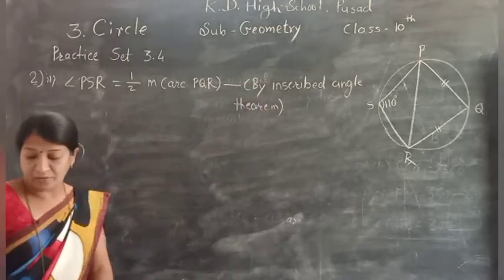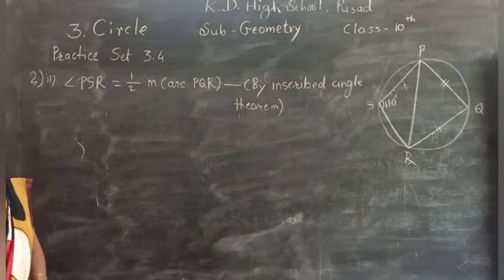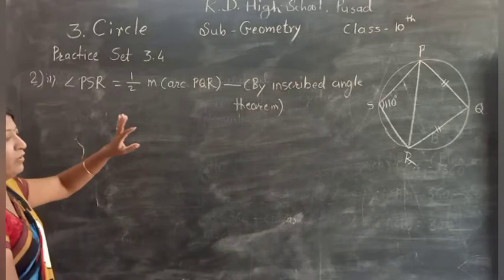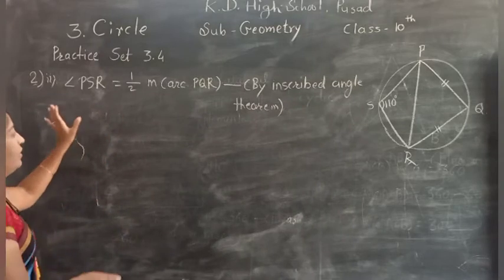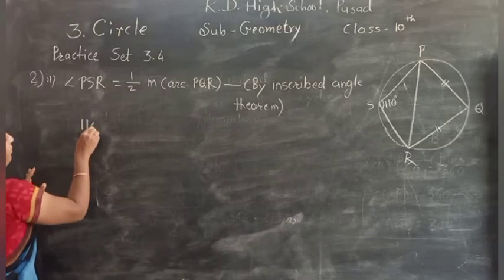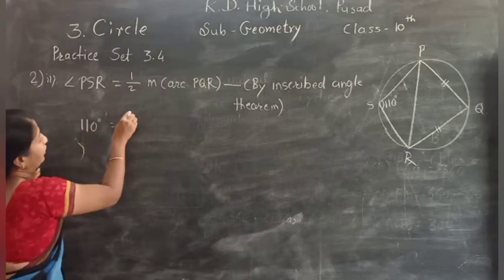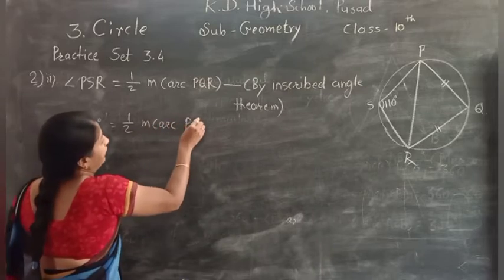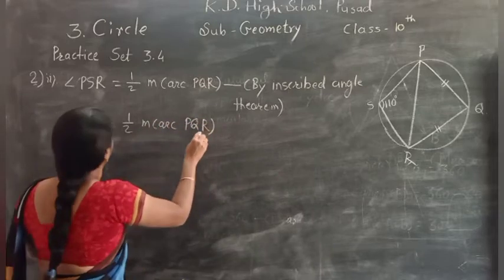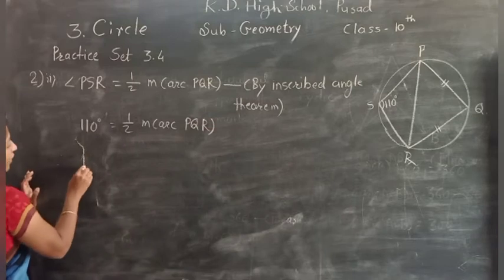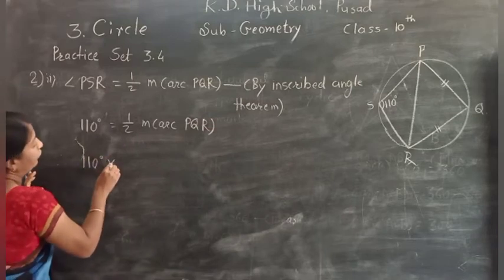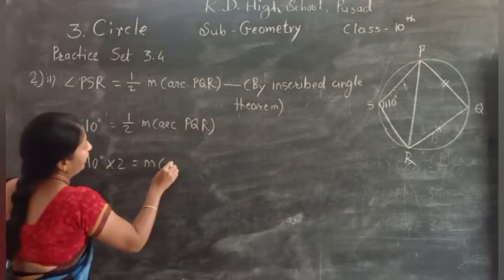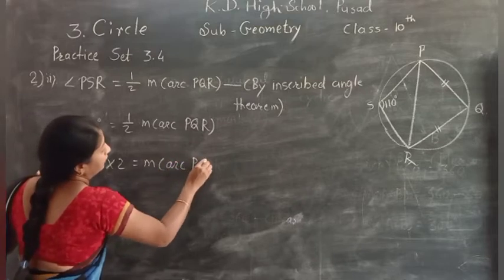Okay, we already found the measure of angle PQR also, but here we need only PSR. It is given 110. Make a substitution: 110 is equal to half of measure of arc PQR. Therefore, 110 into 2 is equal to measure of arc PQR.